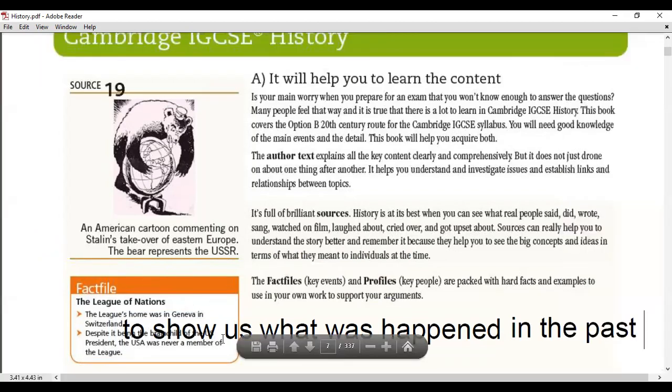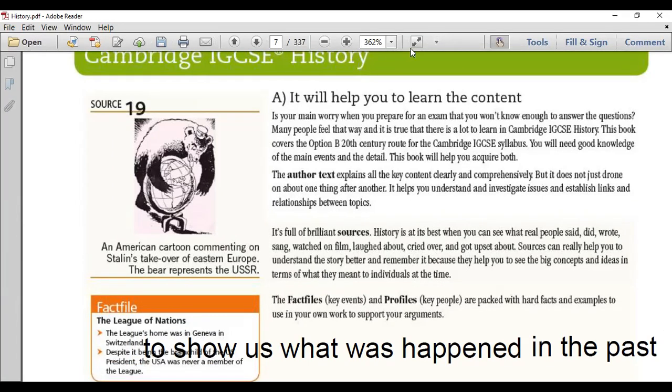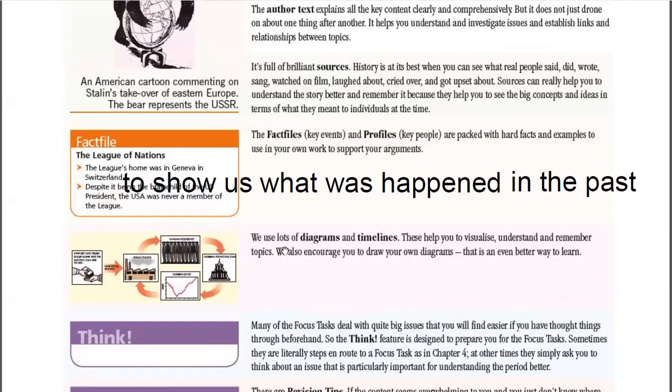So why do they put the diagrams? Why do they show us the diagrams and timelines?